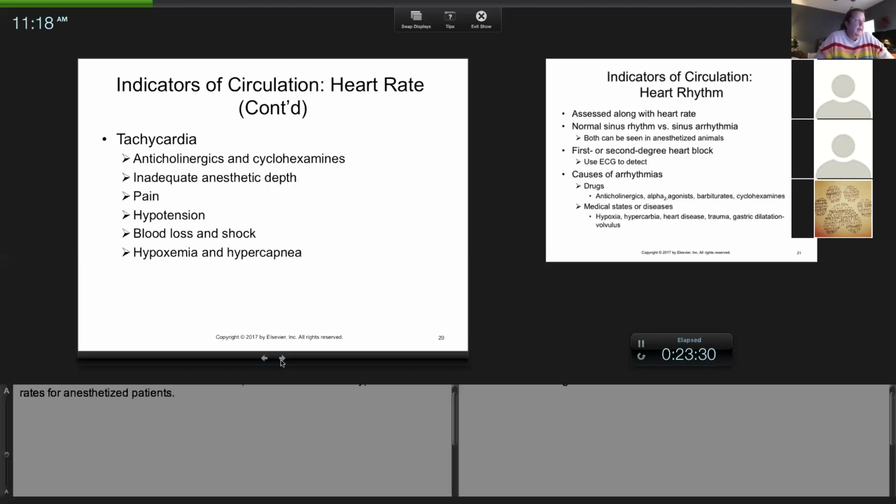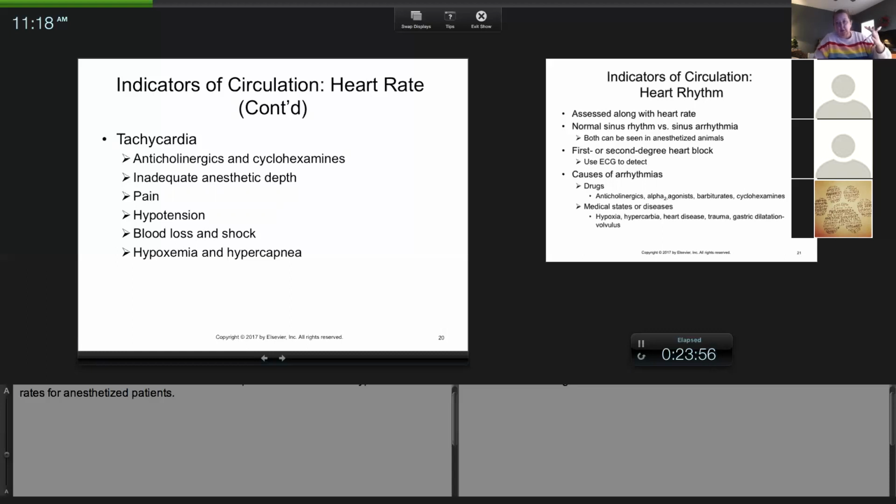Now, if we get into tachycardia, the heart rate's going too high. In a cat, it can vary, but we're talking about heart rates getting up to 160, 180, 200. You're getting a spike in heart rate. In a dog, it's going to vary, but all of a sudden it's going up. The first thing I think of is, did they have an anticholinergic drug, like atropine or glycopyrrolate?